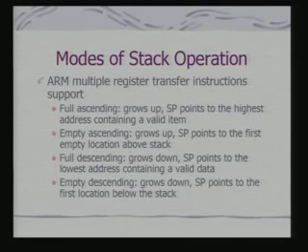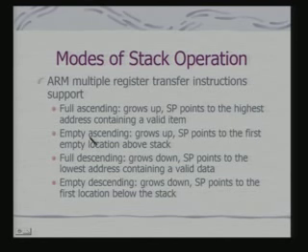We have full ascending, empty ascending, full descending, and empty descending. In case of full ascending, the stack grows up, but the stack pointer points to the highest address containing a valid item. In case of empty ascending, the stack grows up, but SP points to the first empty location above the stack.